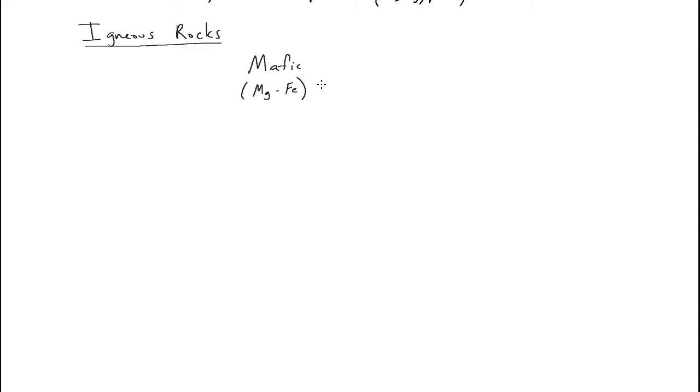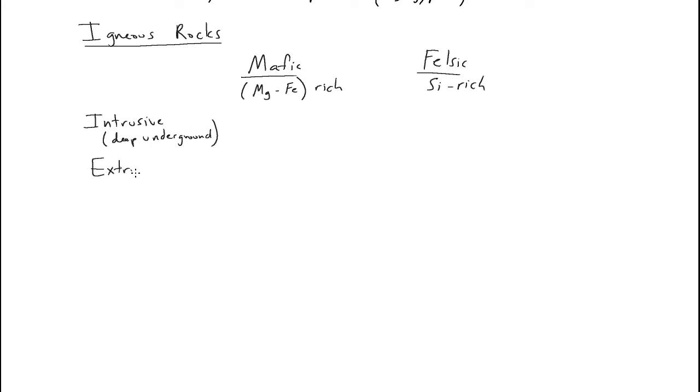Iron magnesium rich. And felsic. So if they're silica rich, we call them felsic. And then they can either crystallize underground, which we call intrusive, deep underground, or they can be erupted at the surface, extrusive.